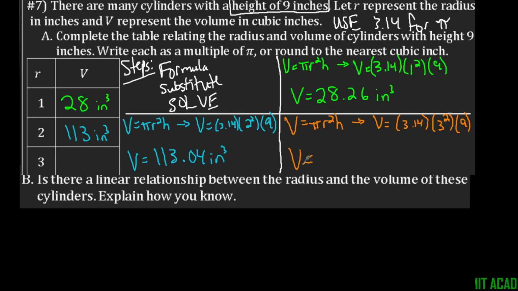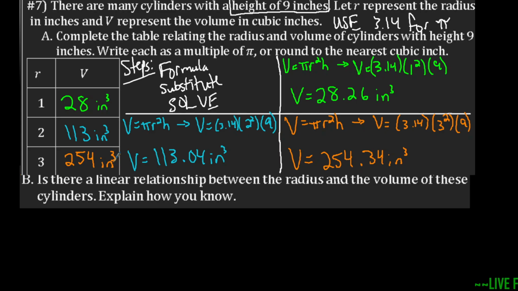So our volume for this one is going to be 254.34 inches cubed, which when we round it, it's going to be 254 inches cubed. So make sure that you're finding and solving each of those volumes for those 3 radiuses.